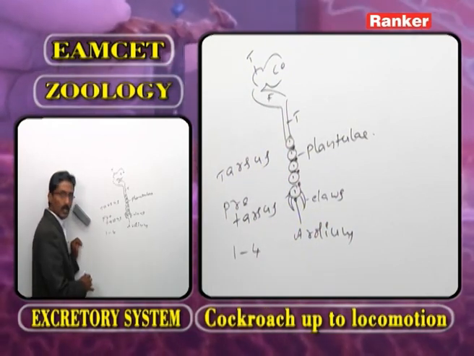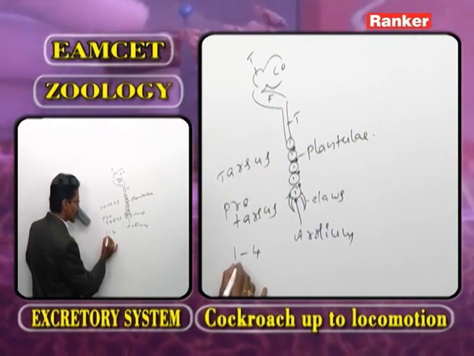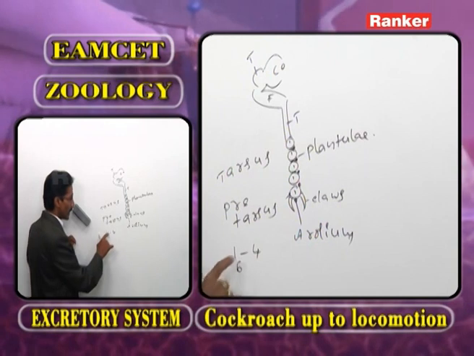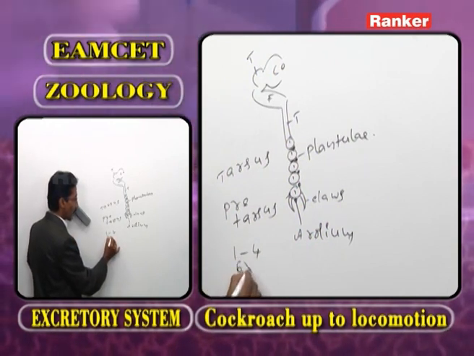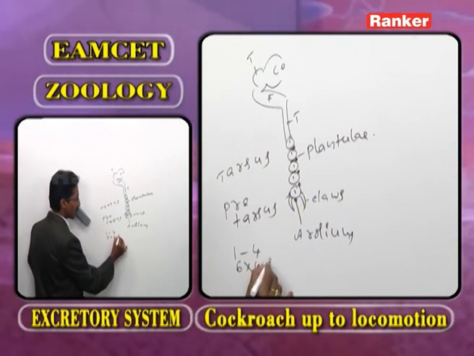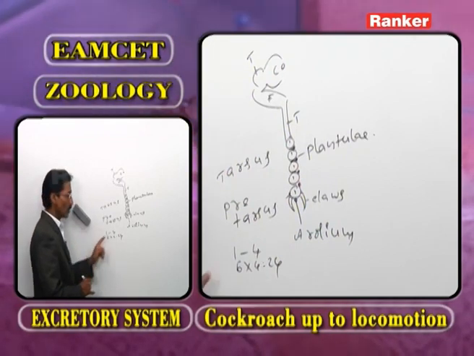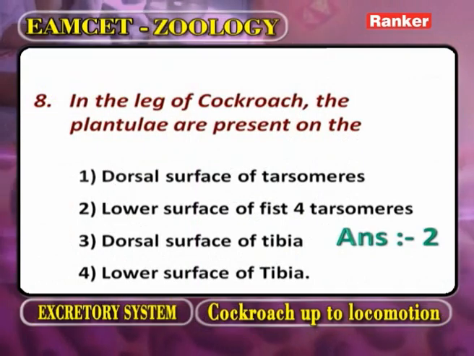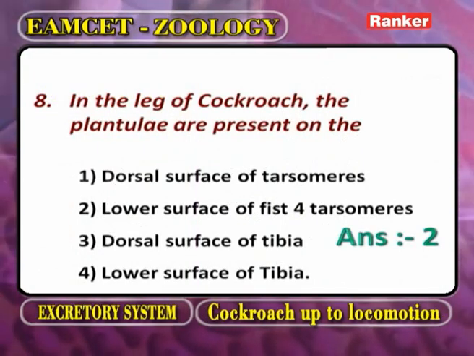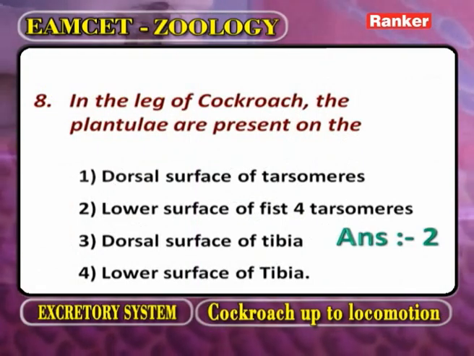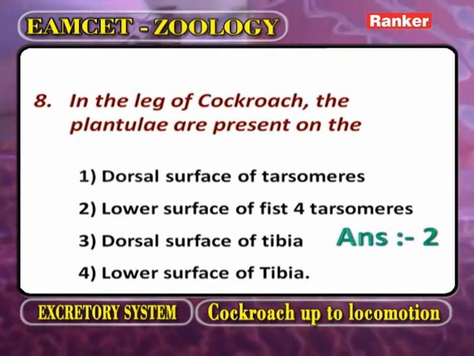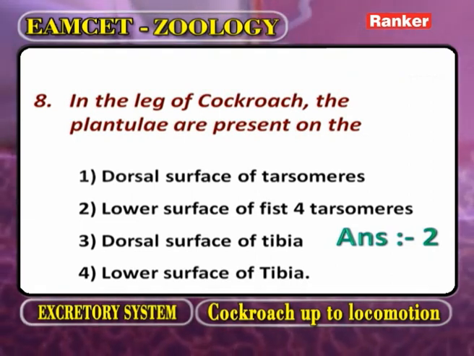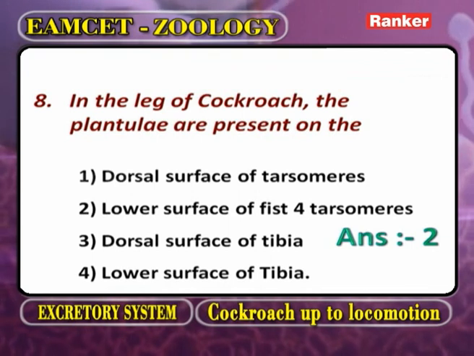In the body of cockroach, total number of legs? 6. Now in each leg, 4 plantulae. 6 into 4, how many plantulae? 24 plantulae. Now, what is the answer for this question? The plantulae are present on the ventral side or on the lateral lower surface of the first 4 tarsomeres.